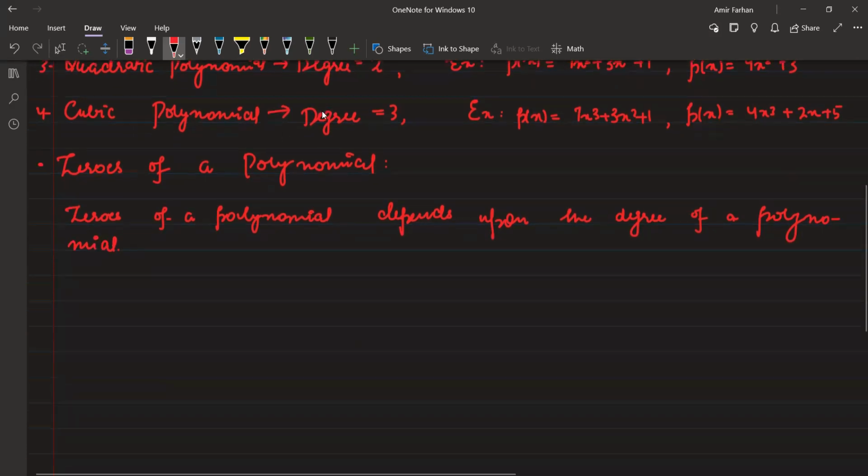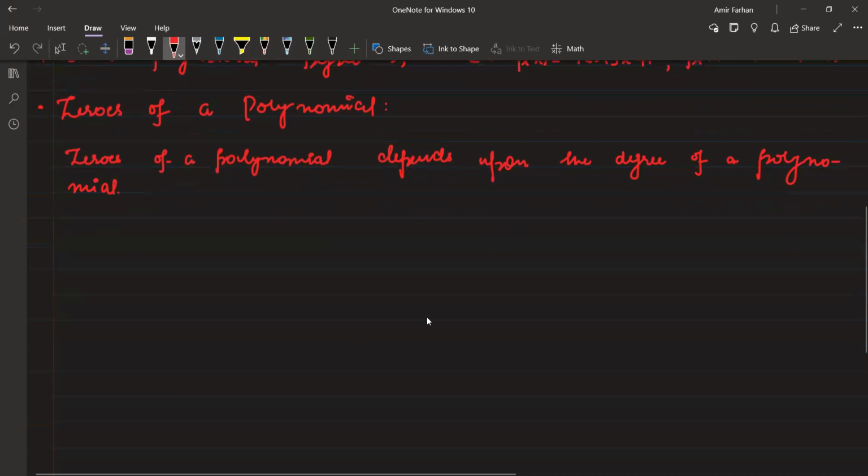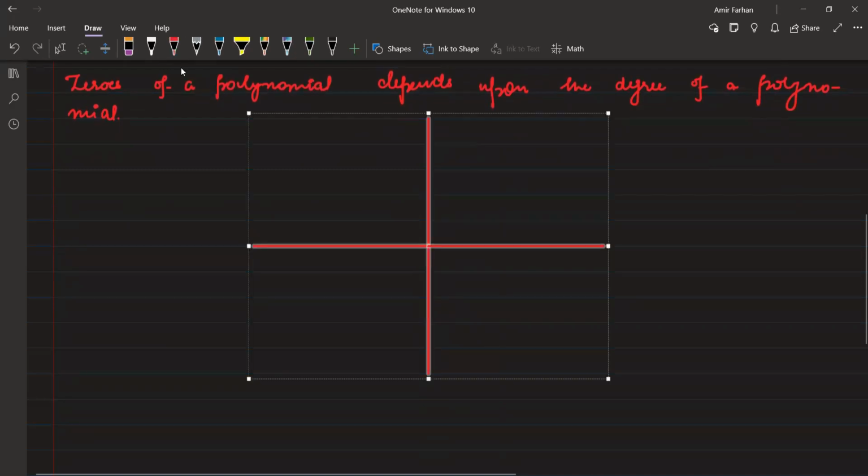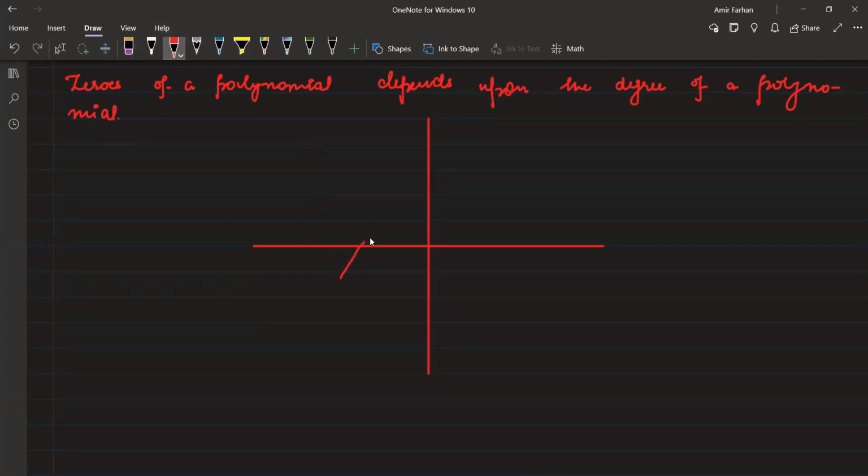Okay, let's do one thing. This is basically a graphical representation that is there in your school syllabus. If you have different polynomials, suppose you have a graph like this.